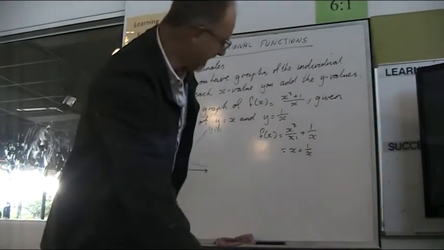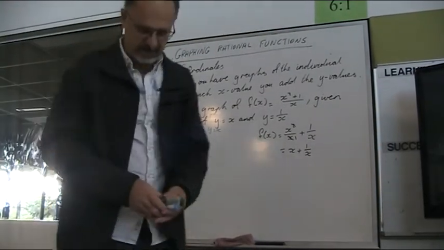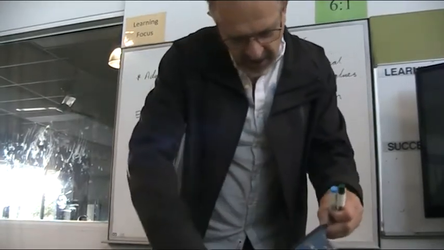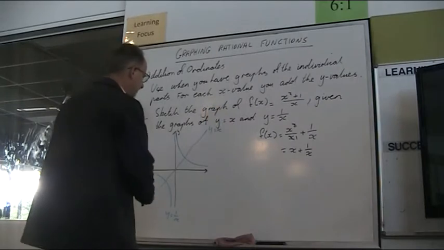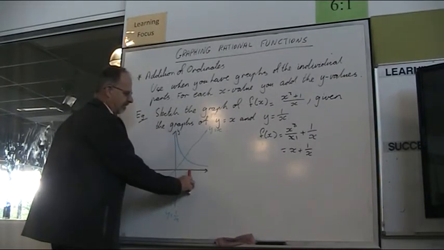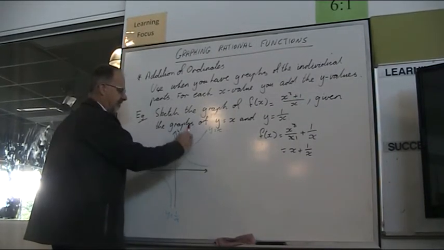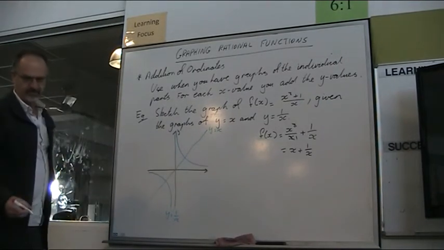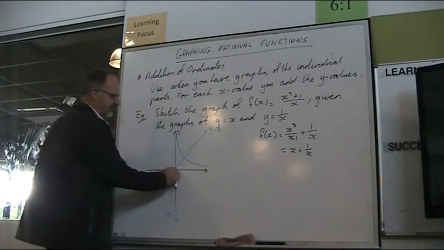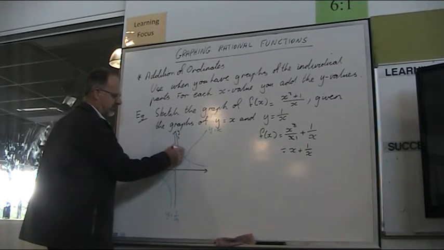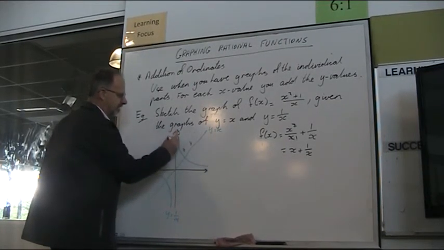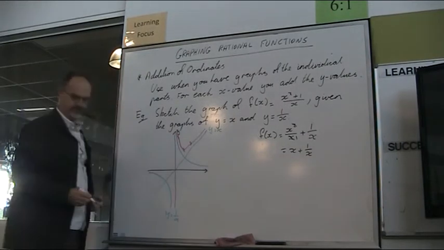It's saying plus, so that means, in a different colour, for each x value we add the two y values together. So when we do that, green plus blue, green plus blue, green plus blue, and so on, you get something that looks like that.